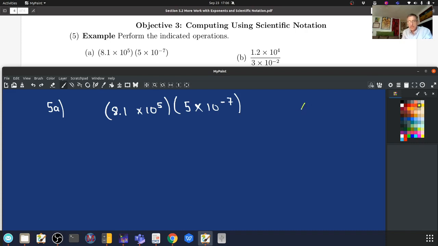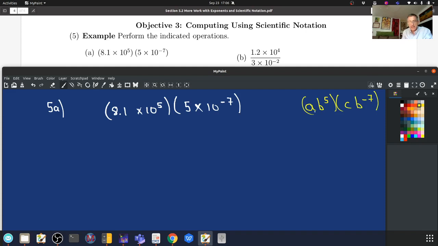Suppose this was x times b to the 5th, a times b to the 5th, times c times b to the minus 7th.